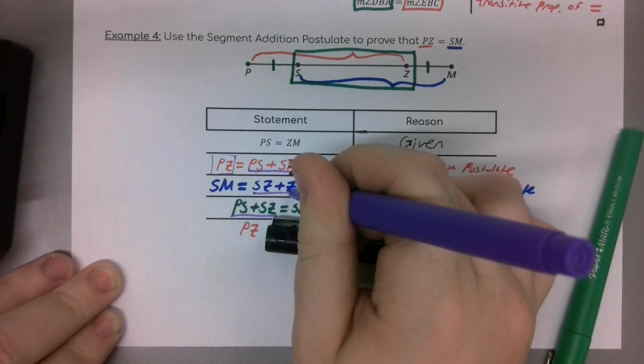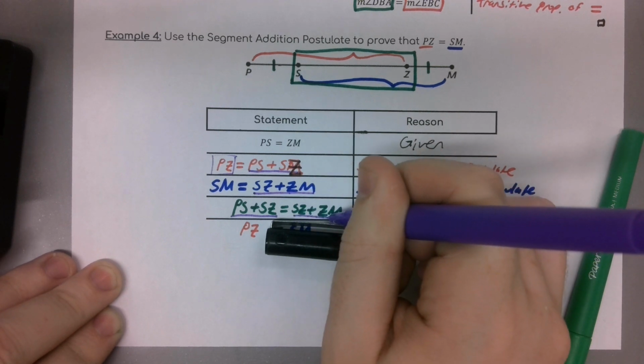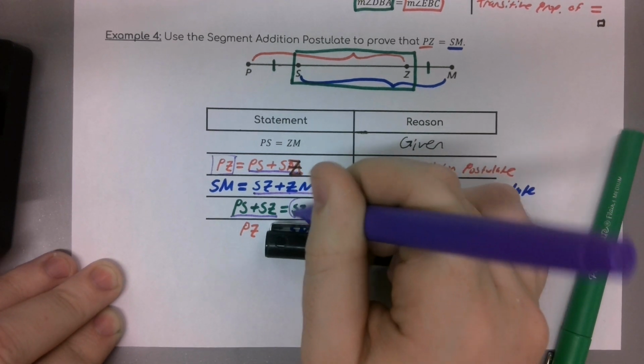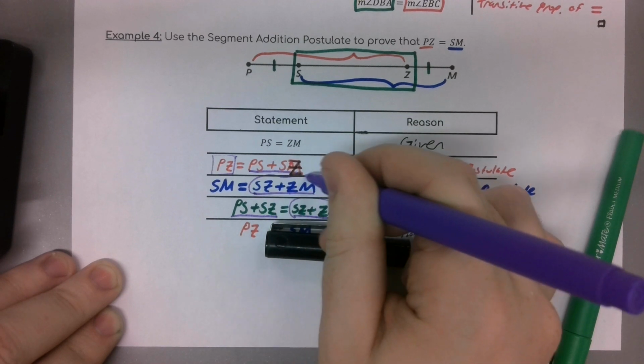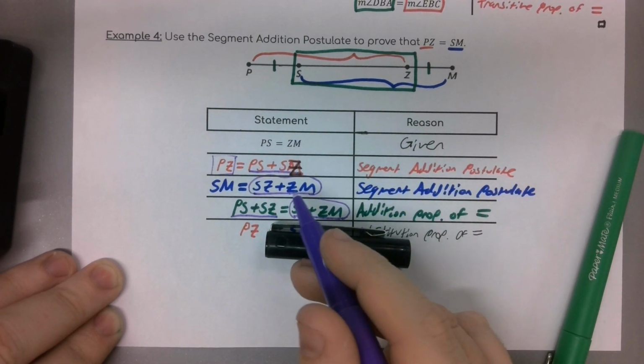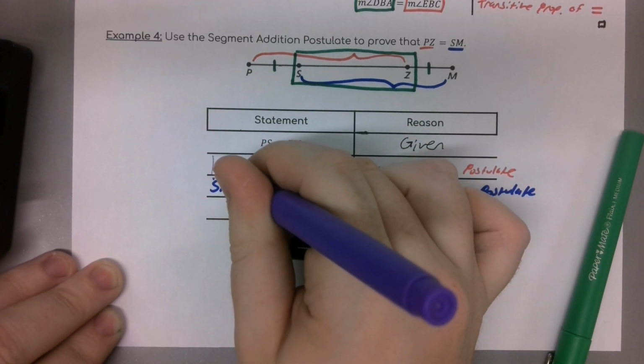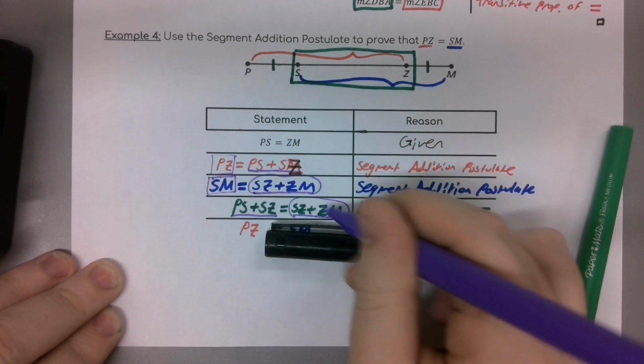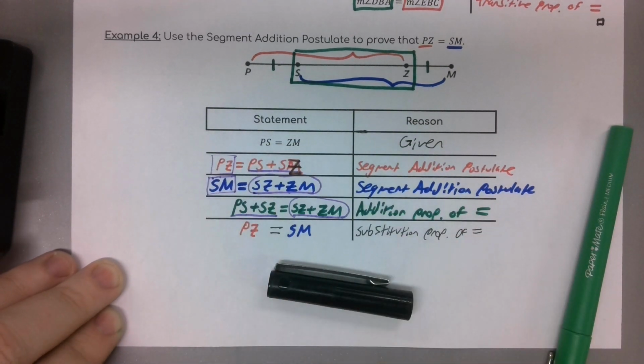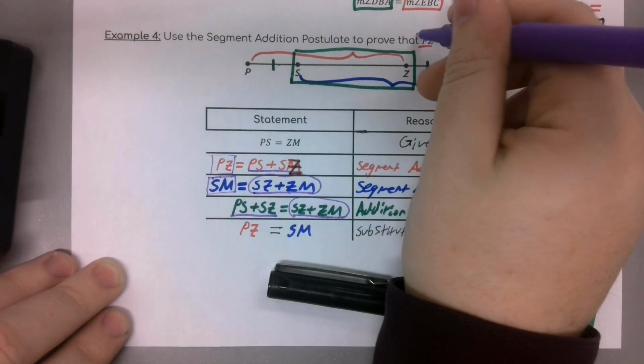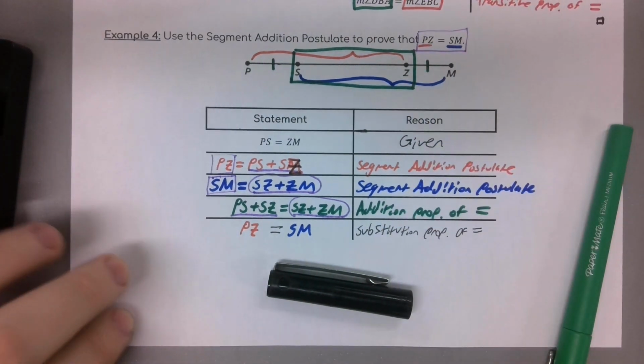Similarly, SZ plus ZM, I'll actually circle it to make it a little distinguished. These two are the same. So I can substitute in SM for that portion. This entire side of the equation becomes SM. And that is exactly what we wanted to prove.